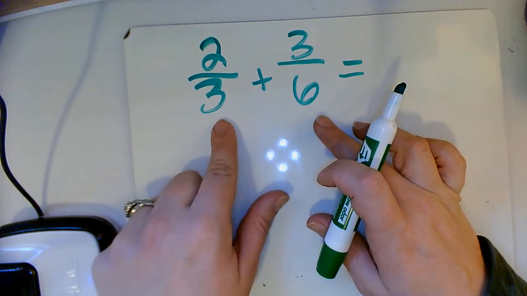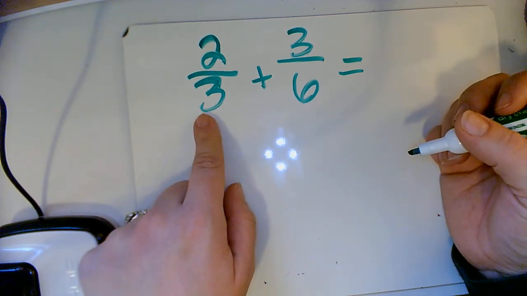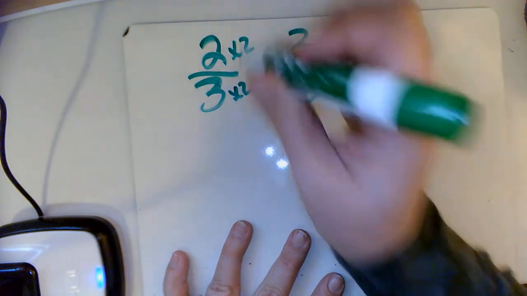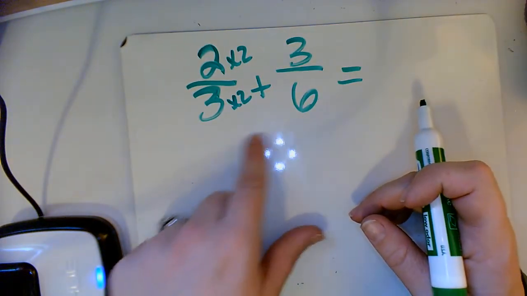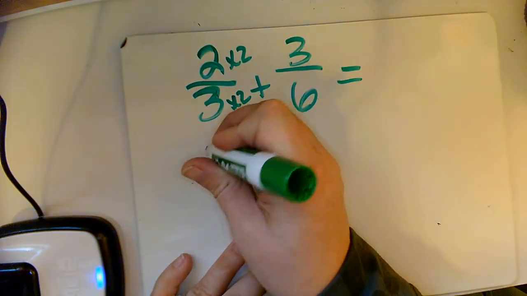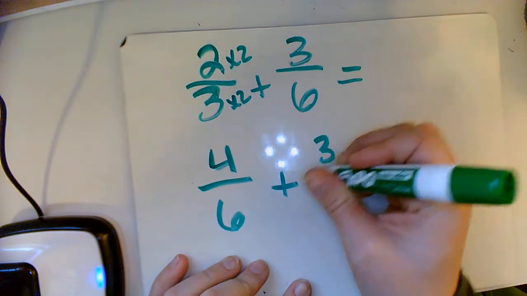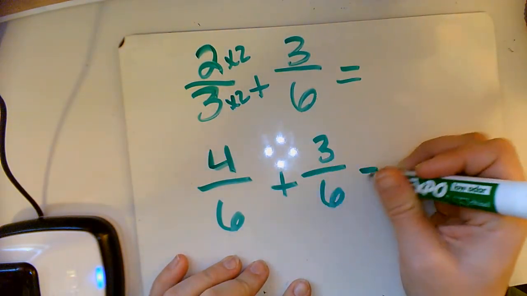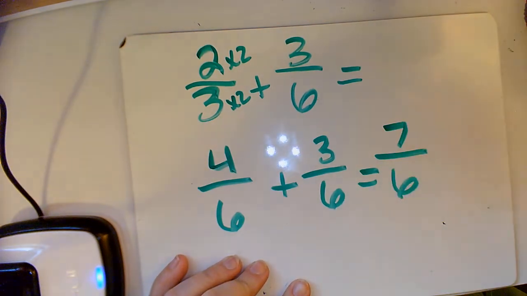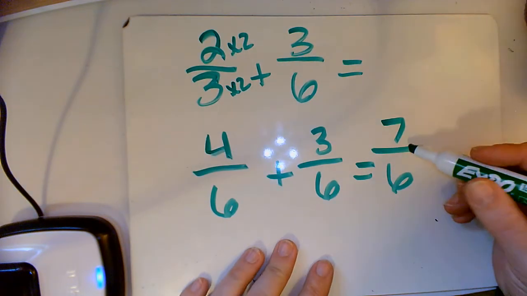Okay, so if I take 2/3 and I want to change that to sixths, well, 3 times 2 gives me 6. Remember, whatever I do to the bottom, I need to do the top. So my 2/3 is going to become 4/6 plus 3/6. 4 plus 3 gives me 7/6. And our 7/6, we notice is that improper fraction.